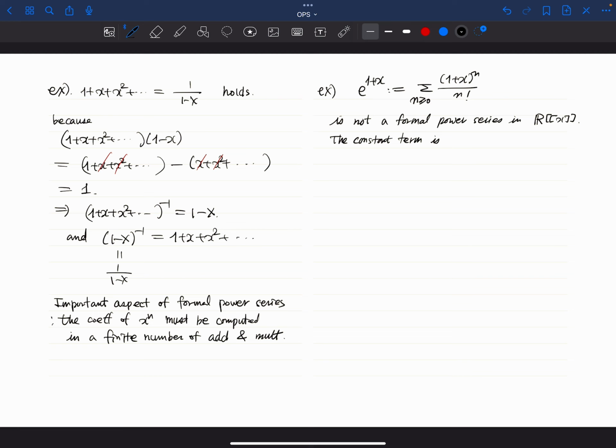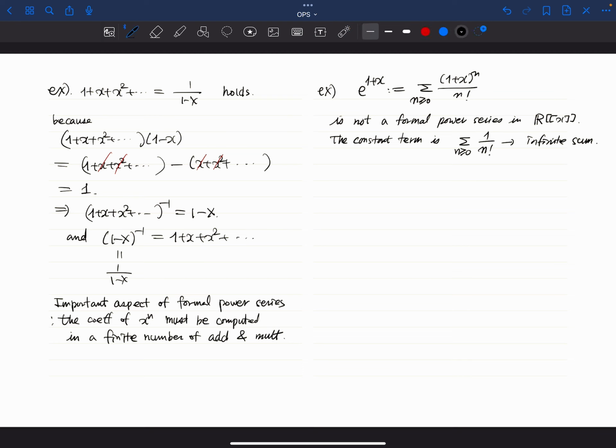So the constant term is the summation n from 0 to infinity of 1 over n factorial. It cannot be computed. It's an infinite sum. So this cannot be computed in a finite number of additions or multiplications. So that's why it's not a formal power series.